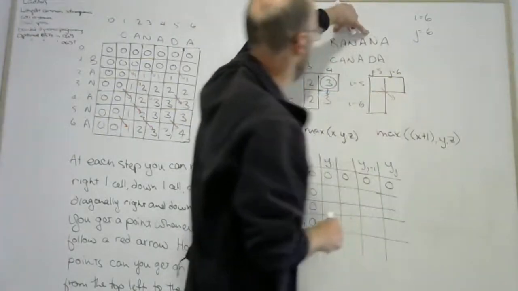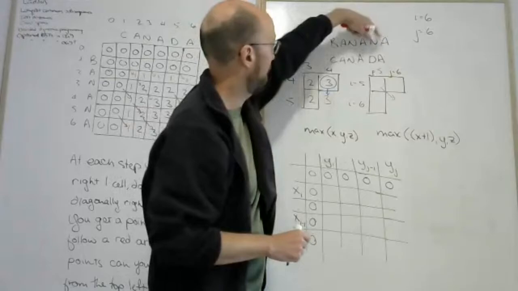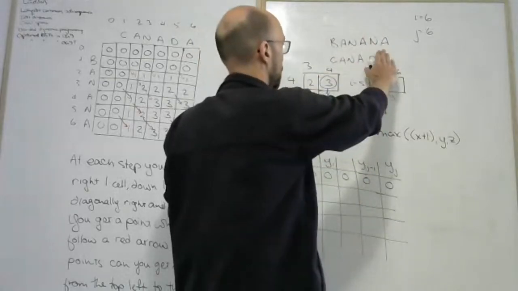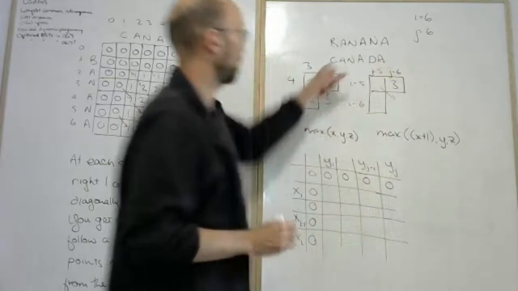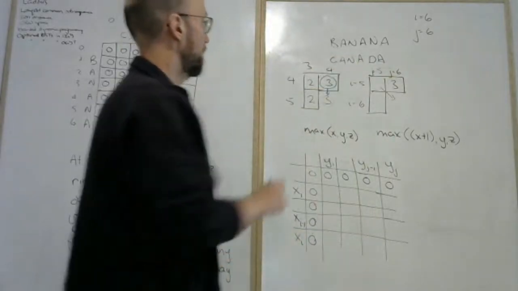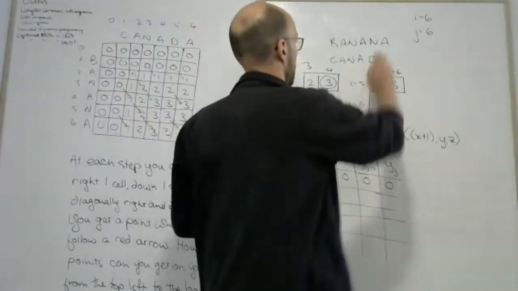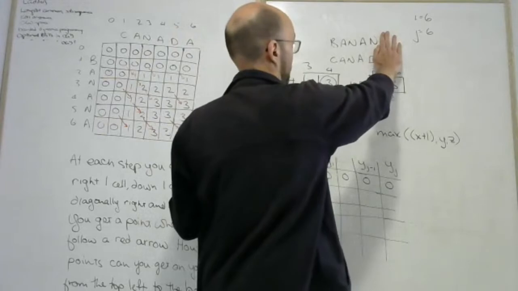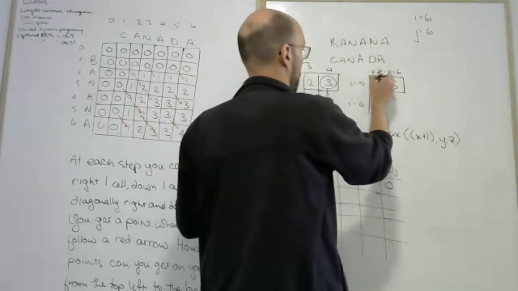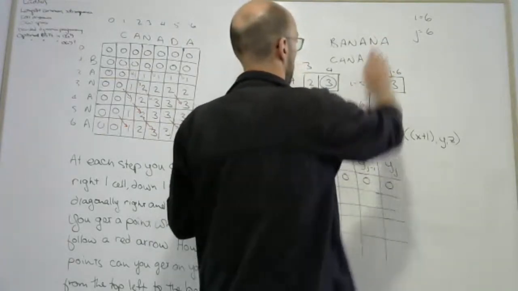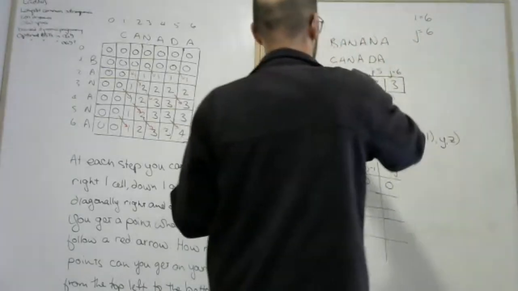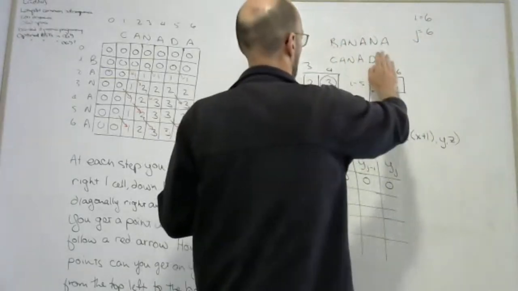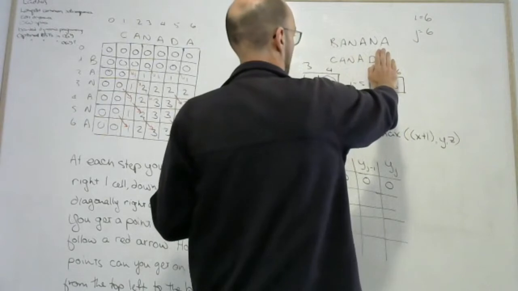Here we put the longest common subsequence of banan and Canad. And that's 3, because it's still A and A. And here we put the longest common subsequence of banana and Canad, and that's still 3. And here we put the longest common subsequence of I is 6 and J is 5.